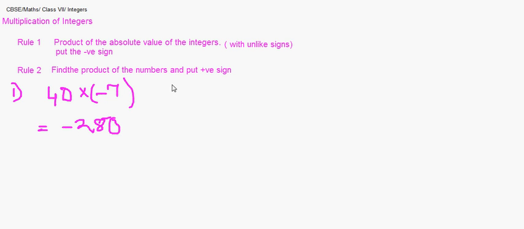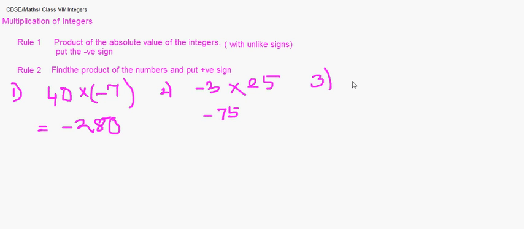If it is the other way around, if you have a negative 3 multiplied to 25, same thing. 25 carries a positive, 3 carries a negative. 25 into 3 gives you 75, and you will only put the negative symbol here. Anything multiplied, negative or positive, to 0 gives you 0.